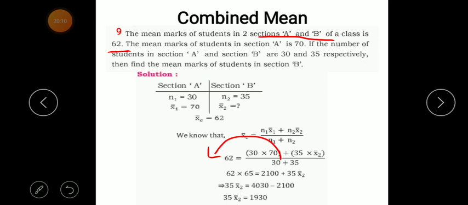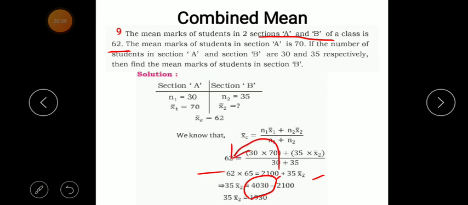So 62 multiplied by 65, I'm writing here, is equal to 30 into 70, which is 2100, I'm solving the brackets first, plus 35 x2 bar. So 35 x2 bar I'm keeping here only. 62 into 65, I'm getting 4030, and I'm sending 2100 to this side.